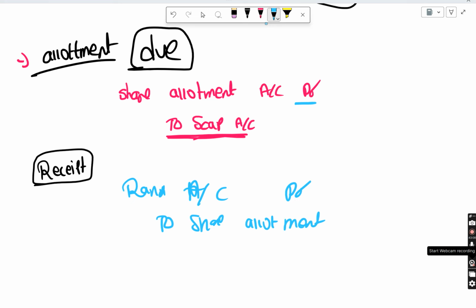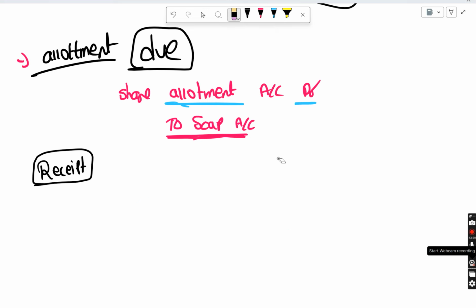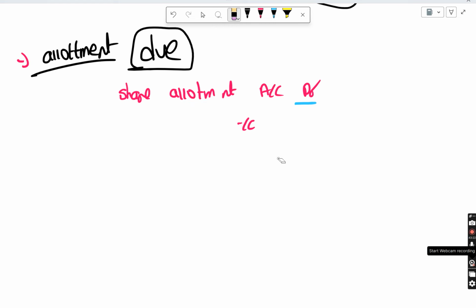For the remaining calls, the first call will have a due entry and a receipt entry, and the second call will have a due entry and a receipt entry. Just change the name. Now, Pooja, you tell the answer for this.